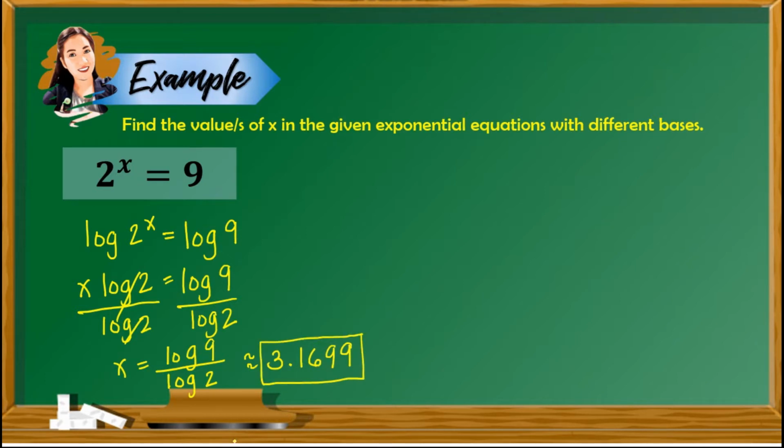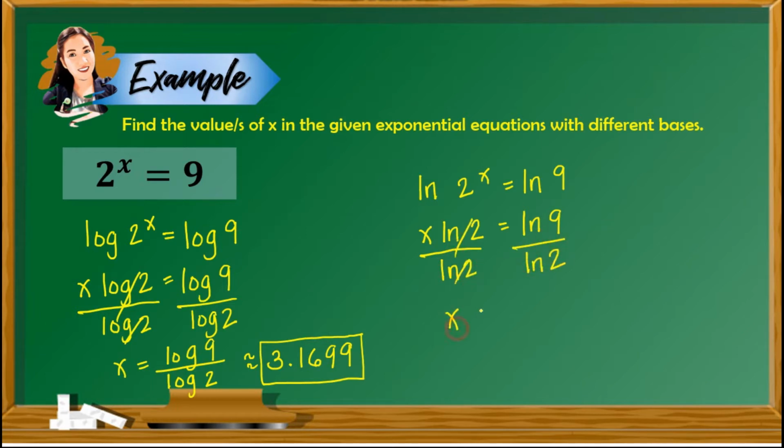You might be wondering, how about if we apply the natural logarithm? Let's do it. If we have ln of 2 raised to x is equal to ln of 9, do the same procedure, rewrite this using the power property. So we have x ln of 2 is equal to ln of 9. Divide both sides by ln of 2.